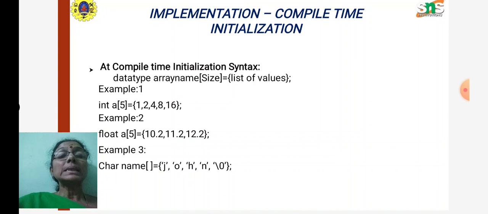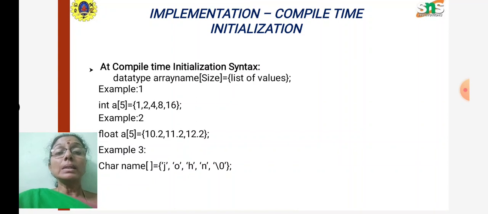One way, for example, int a[5] = {1, 2, 4, 8, 16}, or a[0] = 1, a[1] = 2, a[2] = 4, a[3] = 8, and a[4] = 16. Those are the two ways of compile time initialization.